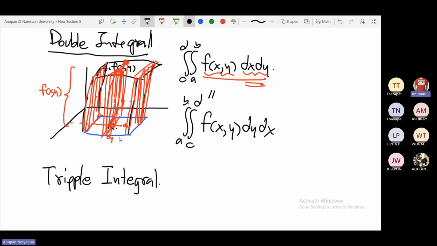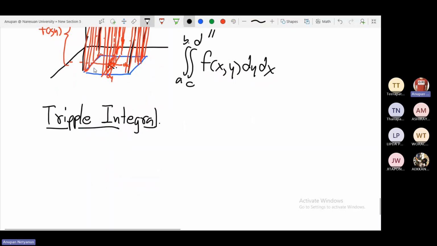So the simple case for the double integral on the area is the rectangle, and let me draw this part of the triple integral in three dimensions.